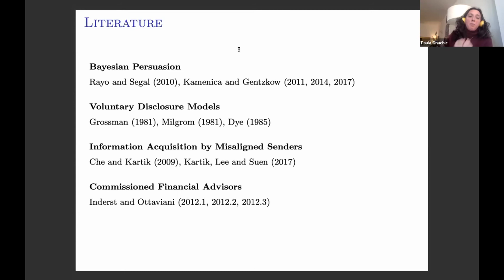But my model is also related to voluntary disclosure models, especially Dye in 1985, in the sense that the choice the sender is making is between fully revealing the information to the receiver, or not disclosing. So it's not an information design problem per se, more like a disclosure model.